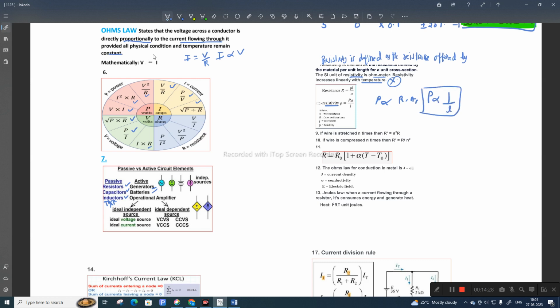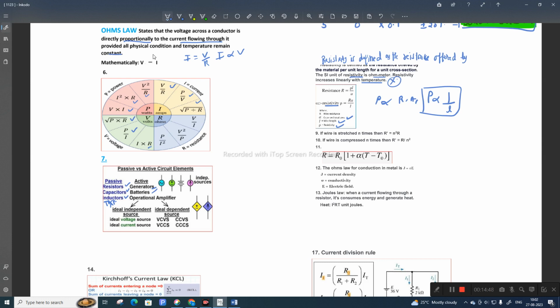So you have to note down this type of relation. In competitive exams they will ask the relation directly. R is the resistance of the wire, A is the cross sectional area, L is the length of the wire, rho is the resistivity.